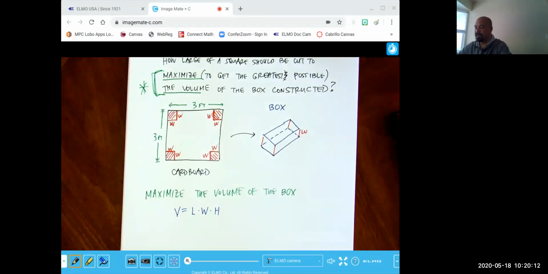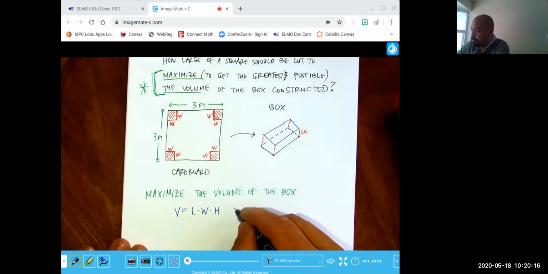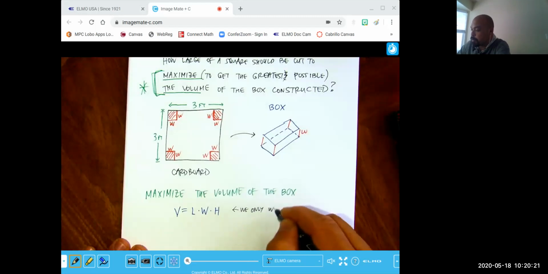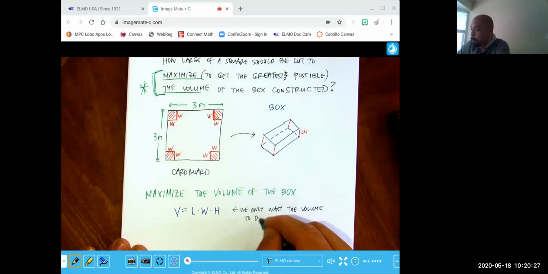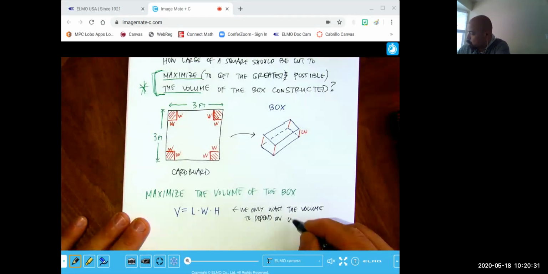When we're taking a derivative, looking for that maximum, we only want that volume, that quantity we're trying to maximize, to depend on one variable.